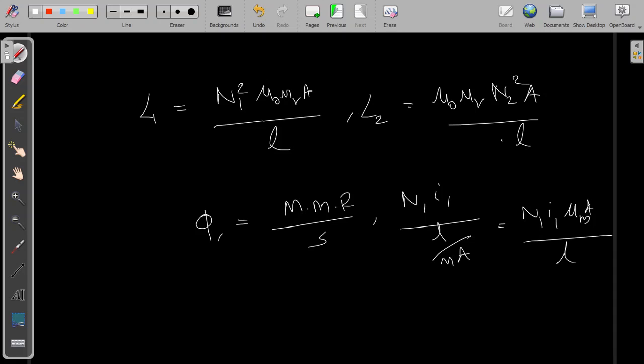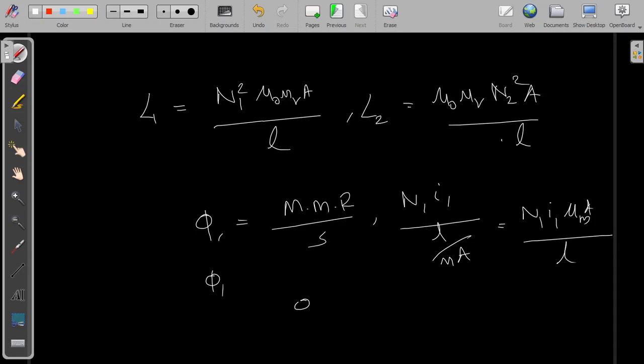And we have the flux that links with coil 2. The flux that links with coil 2 is only a part of phi 1. That is, a percentage of the flux produced by coil 1, phi 1, is linking with coil 2.